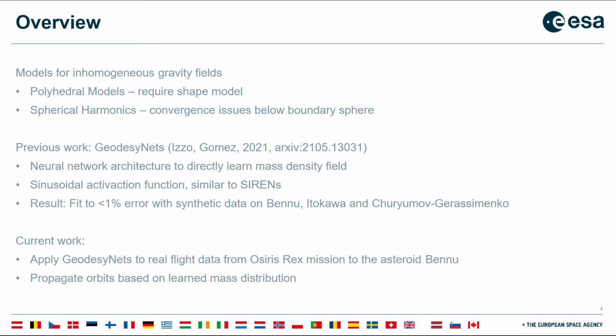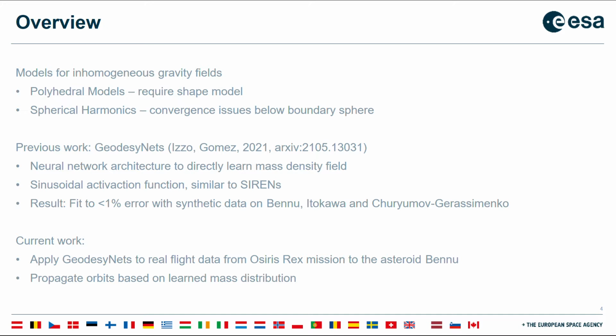So in a previous work, we presented GeodesyNETs, which are a neural network architecture to directly learn the mass density field of a small body. And they have a sine activation function, so are very similar to the SIREN networks that are already used.